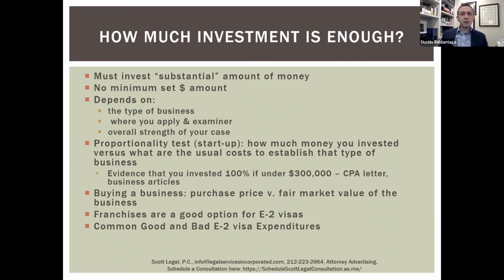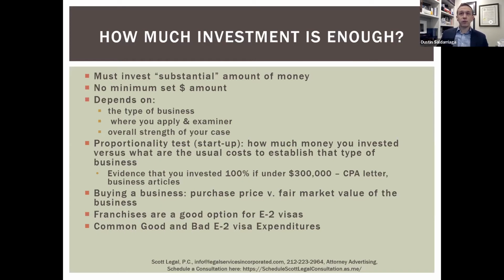When you're buying a business, typically the amount that the business is advertised at on the market, the fair market value, is a sufficient amount to invest in the business. And the government usually won't look deeper than that, as long as you can show this business was on the market and you paid the fair market value. Franchises are a good option for E-2 visas.